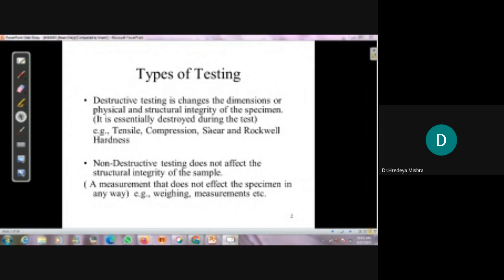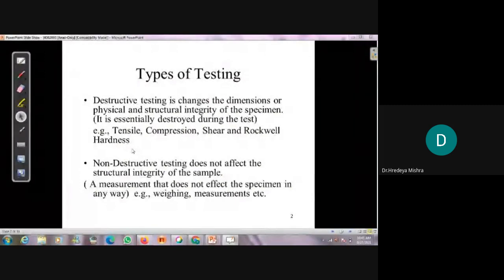Under destructive tests we have tensile, compressive, shear, and Rockwell hardness tests. Whatever tests we studied previously are destructive testing, meaning the material or specimen is destroyed after the testing.